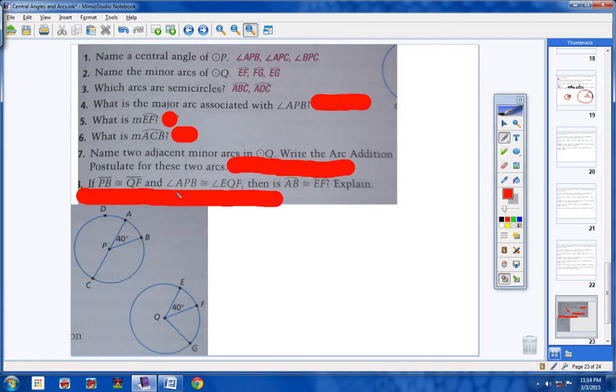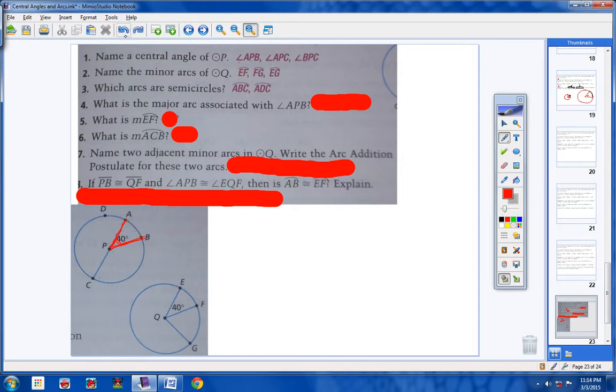Number 4. What is the major arc associated with angle APB? Okay, let's go to A and P and B. So there's the angle right there. Everybody see it? Angle APB. Now the minor arc that's associated with that angle is this arc right here.